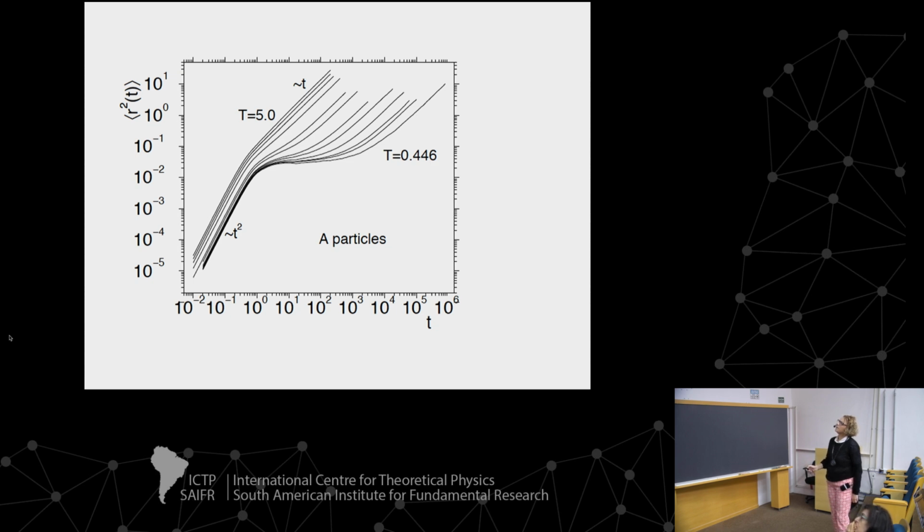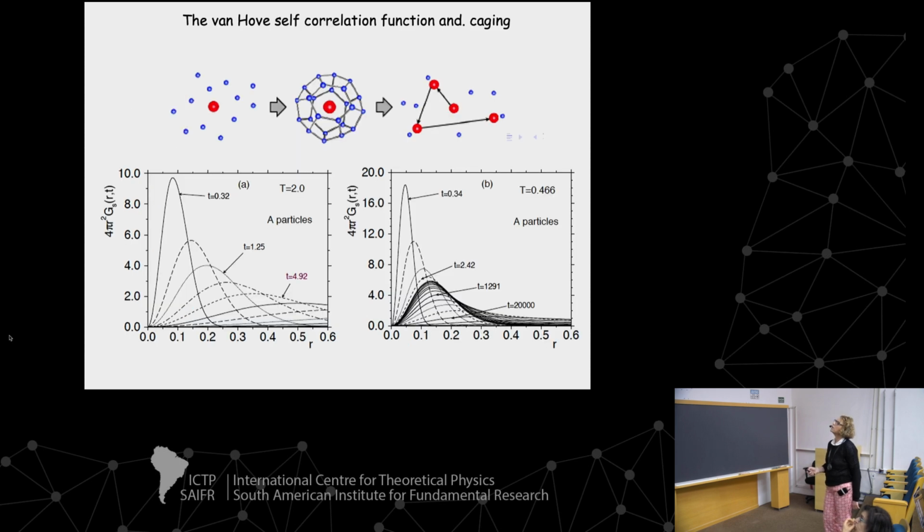So t squared and t. You see that it's t squared because one decade here corresponds to two decades here, and one corresponds to one when you go to t, so you can see it also with your eyes. And when you supercool, you start developing the plateau. And the plateau is a signature of the cage.